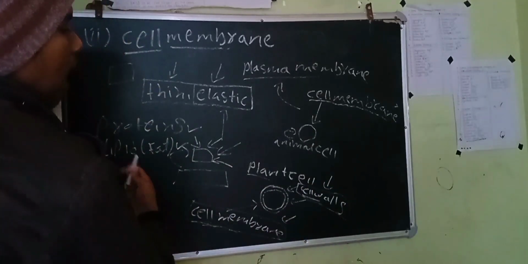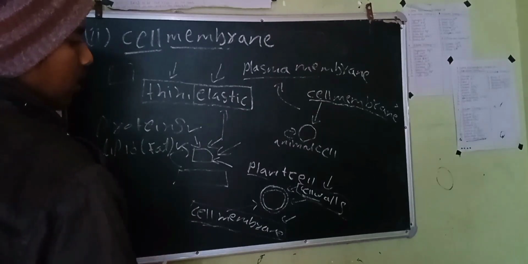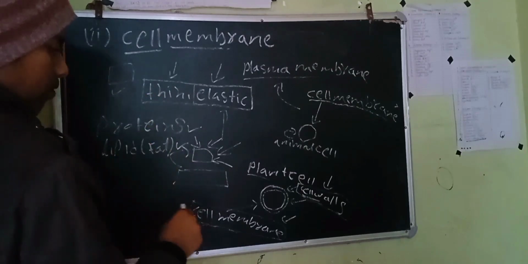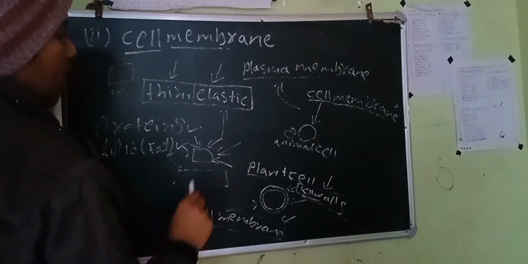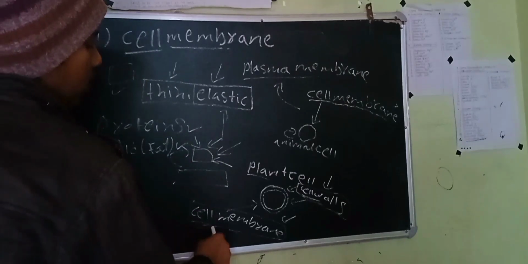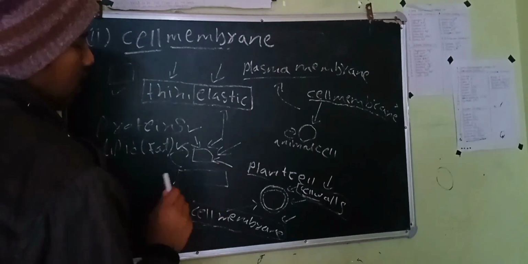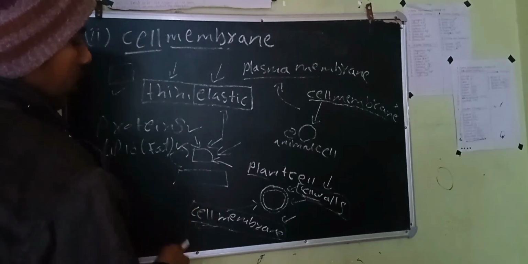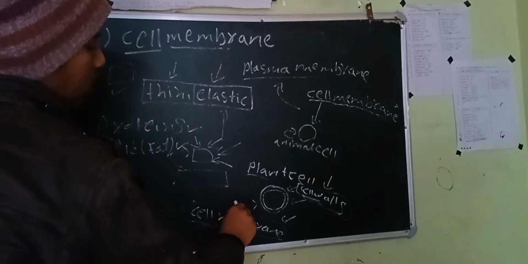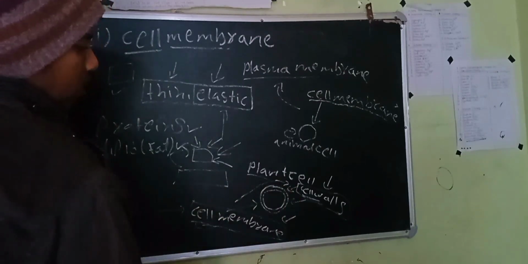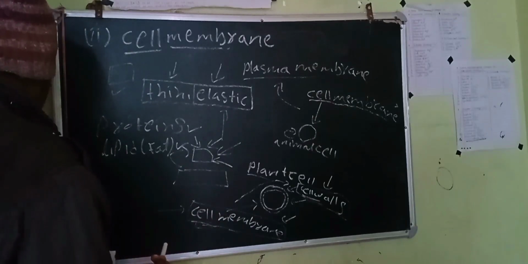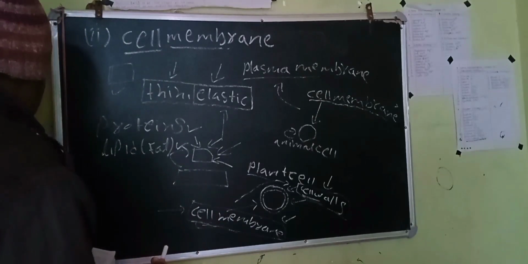That is why the plant cell is more regular in shape, but most animal cells are irregular in shape, because the cell membrane is also hard, but not as hard as the cell wall. Cell wall is harder than cell membrane, right? So it gives a shape to the cell.